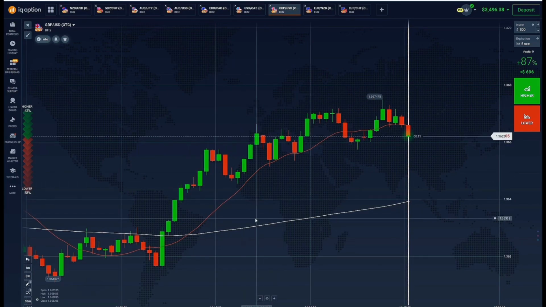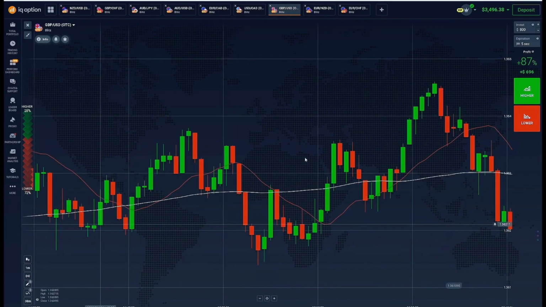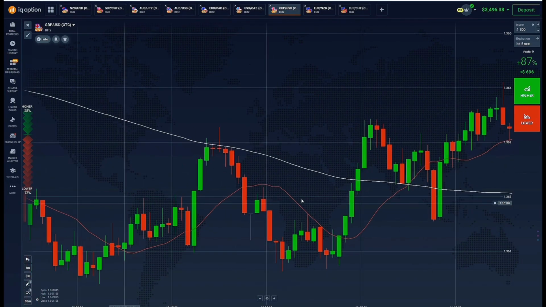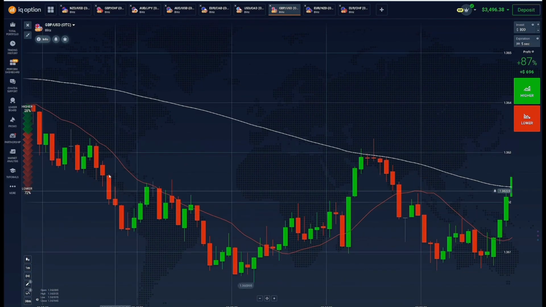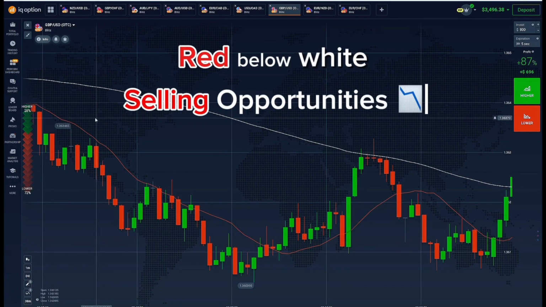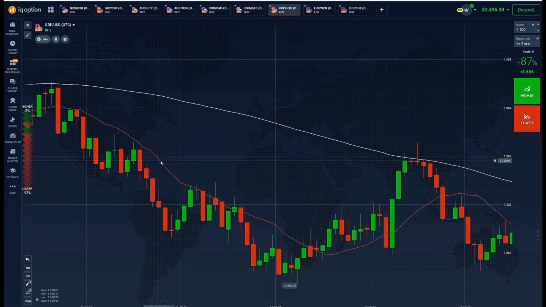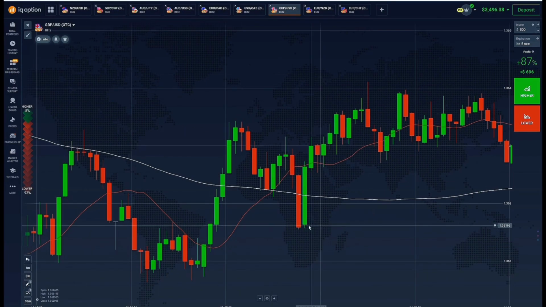Whenever the red is below the white, we are looking for selling opportunities. So in this kind of market, we are looking for selling opportunities because the red is below the white.